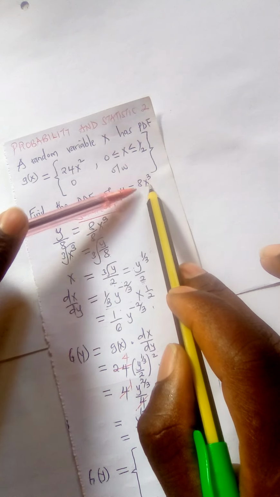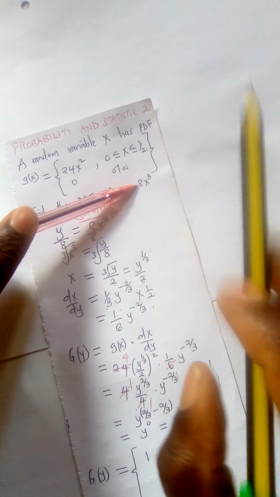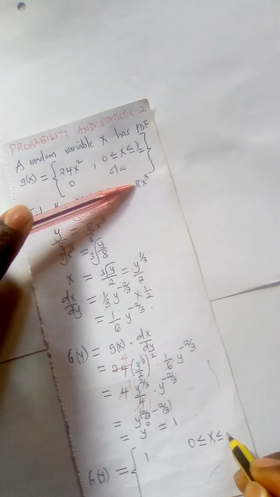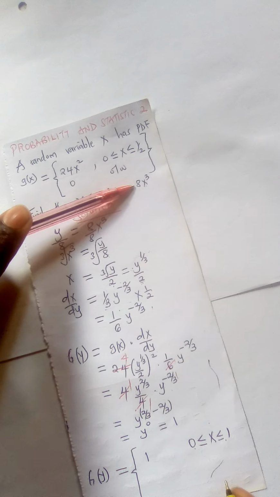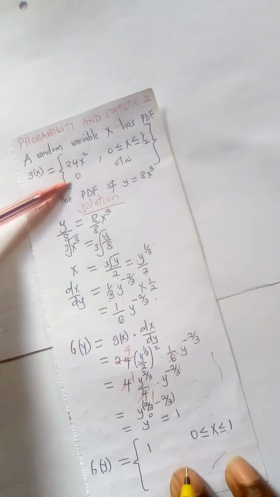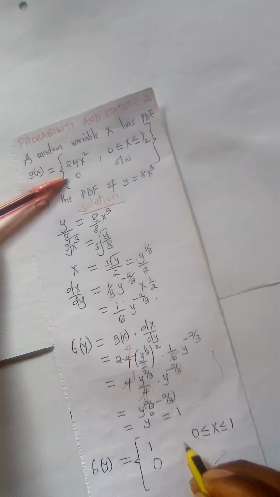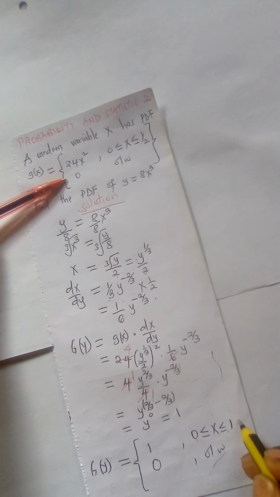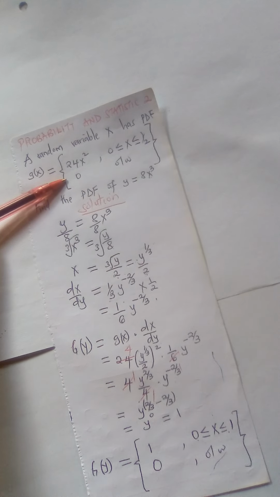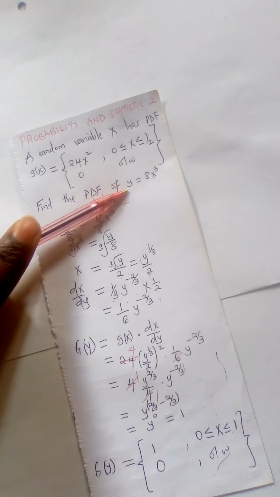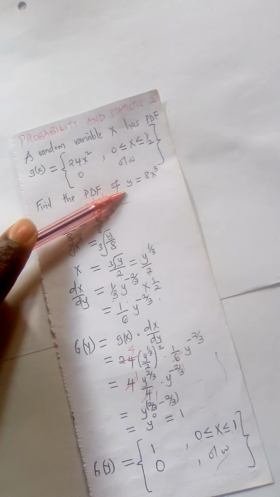So that 1 over 8, when you multiply by 8, you will end up having 1. So that means my values of y will be from 0 up to 1. Then remember it is 0 otherwise. So you will just come here and write 0 otherwise. After reaching there, you will have gotten the probability density function of y being equal to 8x cubed.